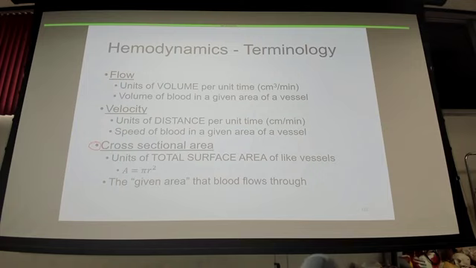Velocity and flow. Flow is the amount of blood, the volume, and velocity is the speed at which it moves. And total surface area of vessels. Which vessels do you think have the most total surface area? Capillary. We have an aorta.